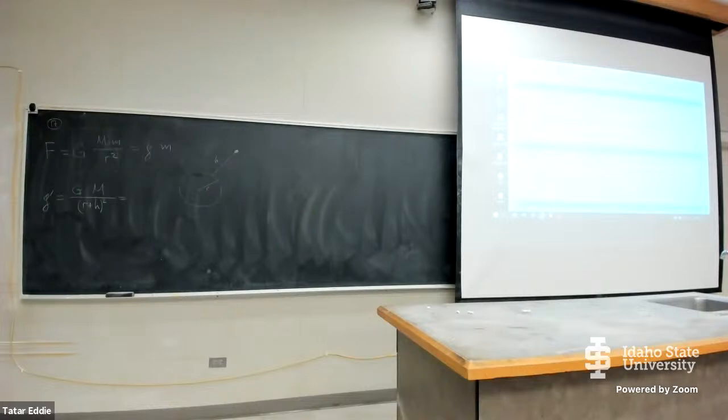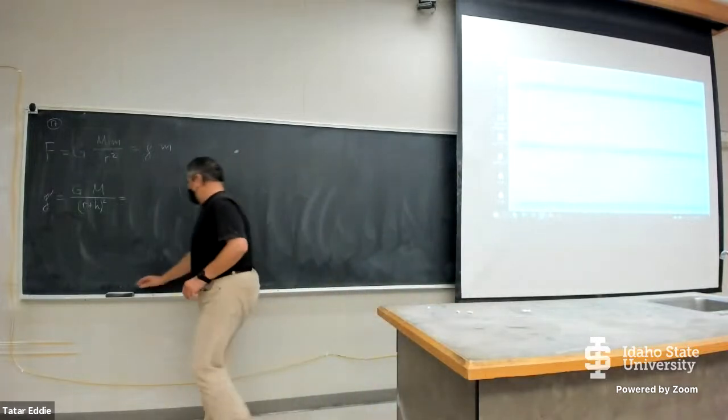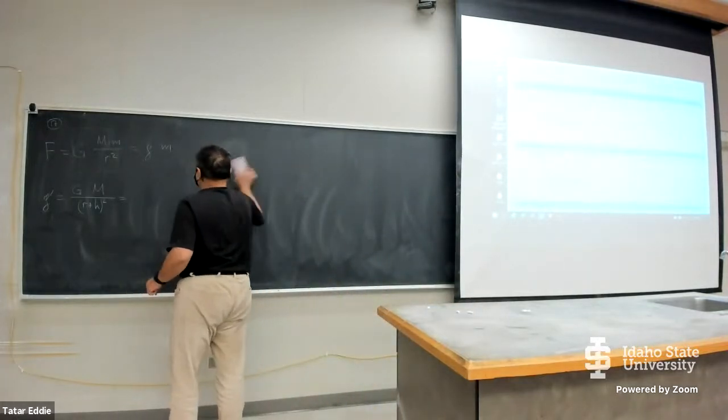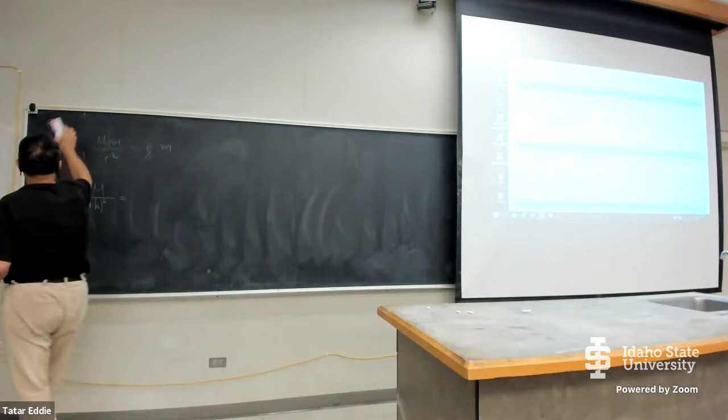What will the traveler weigh on another planet with a radius that is 3 times that of Earth, and the mass of that other planet is twice that of Earth? Well, look, it is a very similar story. So I'm just going to.